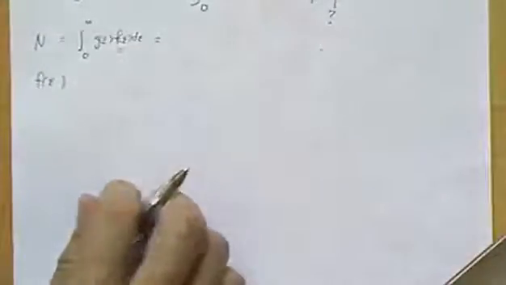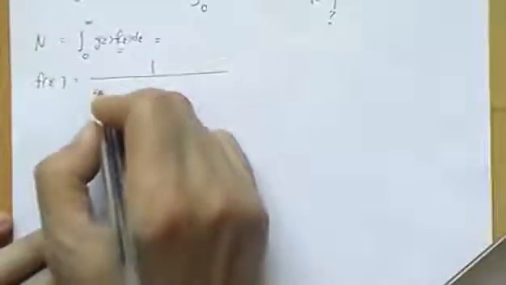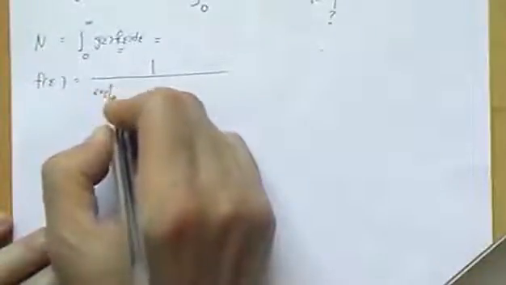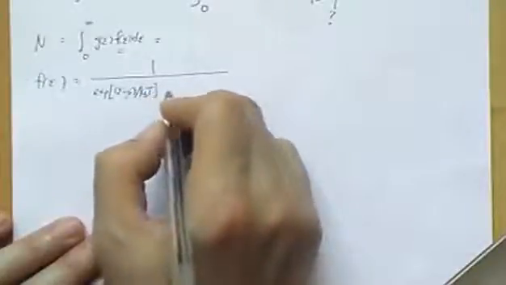So let me therefore write down F(E). F(E) equals 1 over e to the power of, minus 1.